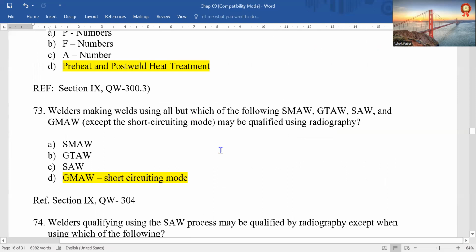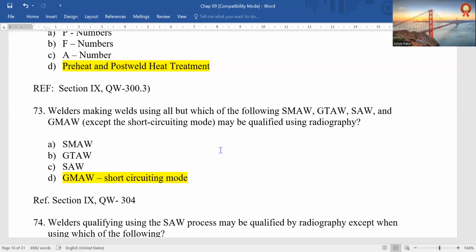Welders making welds using all but which of the following: GMAW, SMAW, GTAW, SAW, and GMAW except the short circuiting mode. All but GMAW, so it cannot be qualified using radiography.